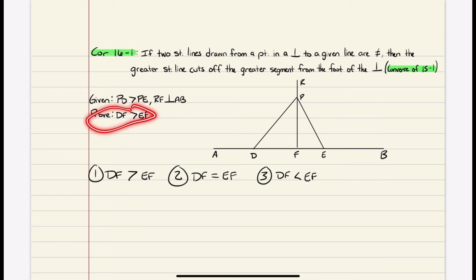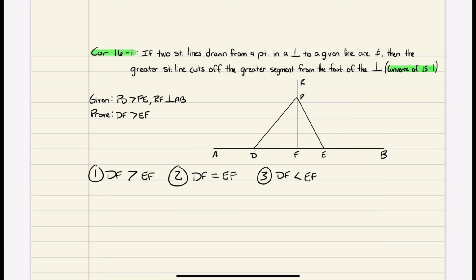We're trying to prove DF is greater than EF. So if two straight lines from a point in a perpendicular are unequal, if this is not equal to that, then they cut off unequal segments down here, and whichever straight line that we draw from the point in the perpendicular is greater will cut off a greater segment from the foot of the perpendicular.